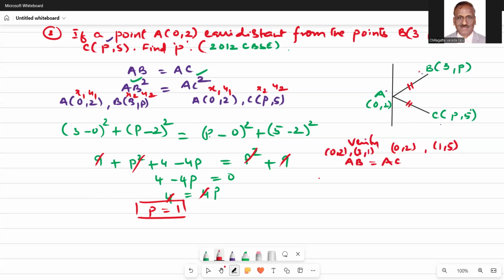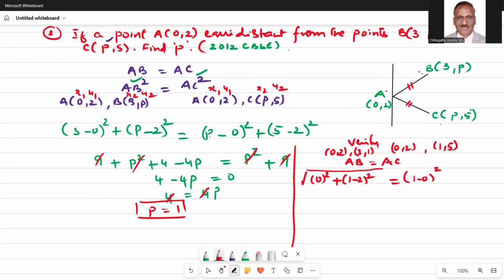Shall we use AB, that is AB is the square root of x2 minus x1 whole square, 0 minus 0 whole square is 0 whole square, plus y2 minus y1, 1 minus 2 whole square. That is equal to AC is equal to what? 1 minus 0 whole square plus... Is it correct?